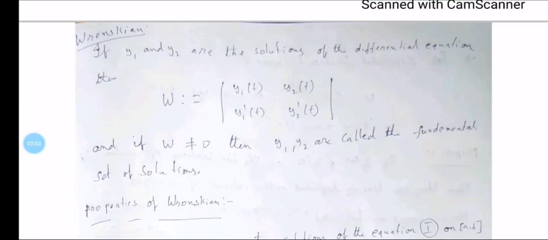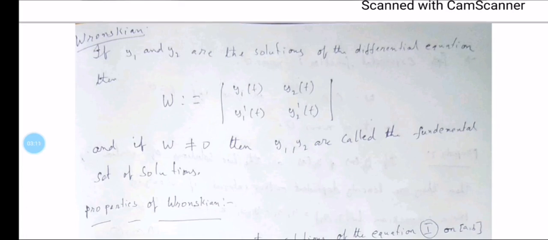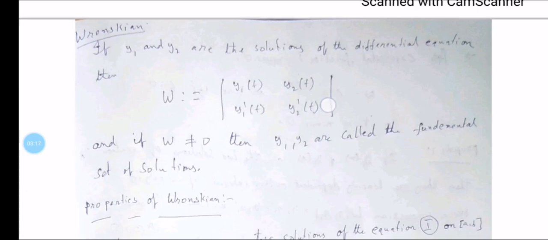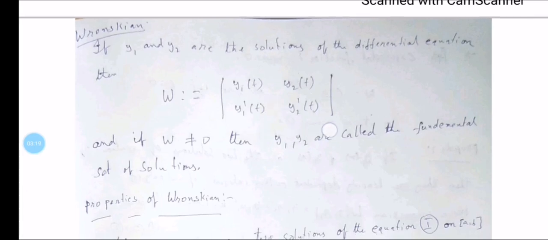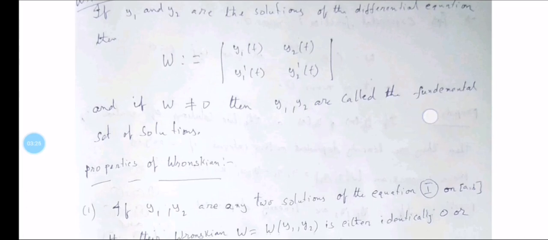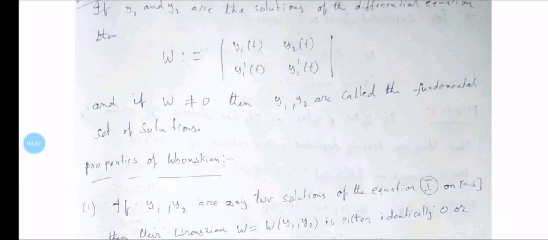There is a theorem: if y1 and y2 are two solutions of the differential equation and W = the determinant of y1(t), y2(t), y1'(t), y2'(t), and if W is not equal to 0, then y1 and y2 are called the fundamental set of solutions.